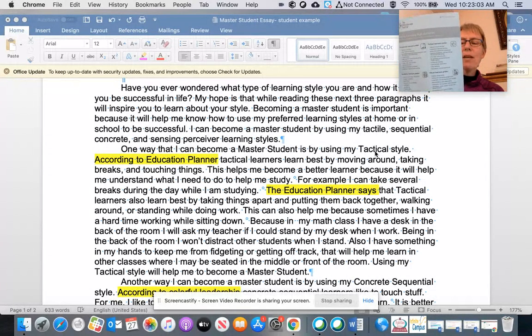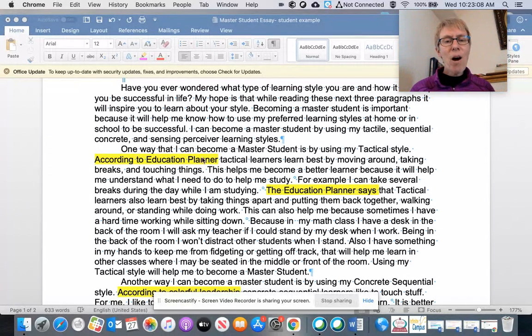Were you kinesthetic, tactual, auditory, visual? And then all the stuff that they have highlighted, that's how you're going to put in all of the research that you've been working on. Just like your persuasive paper, you had to have research to back up your reasons. Here you have to have research to back up what it means for your particular learning style.